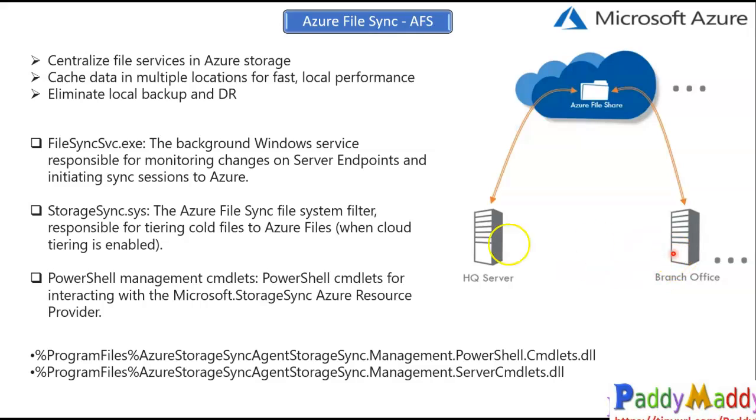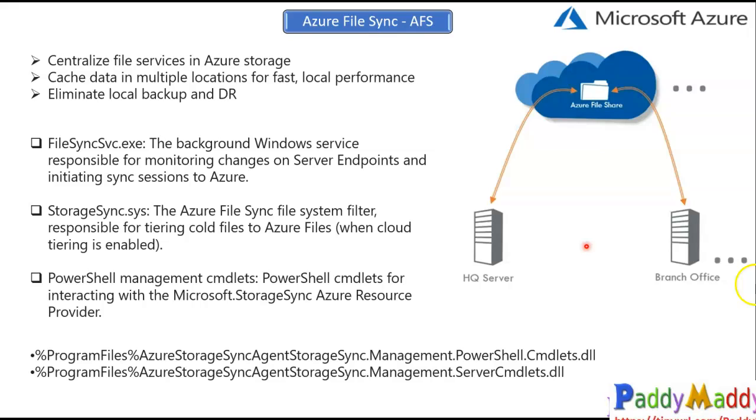Earlier we used to replicate all these servers with DFS, but with AFS your data is replicated to the required servers automatically, eliminating server-to-server replication. Within Azure, you are replicating data between Azure file shares and servers anywhere in the world.